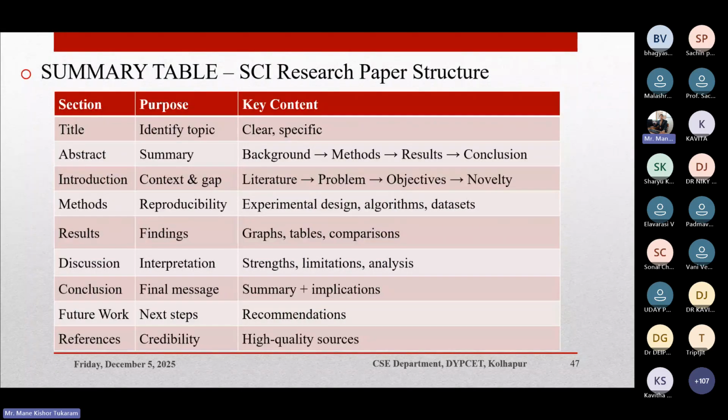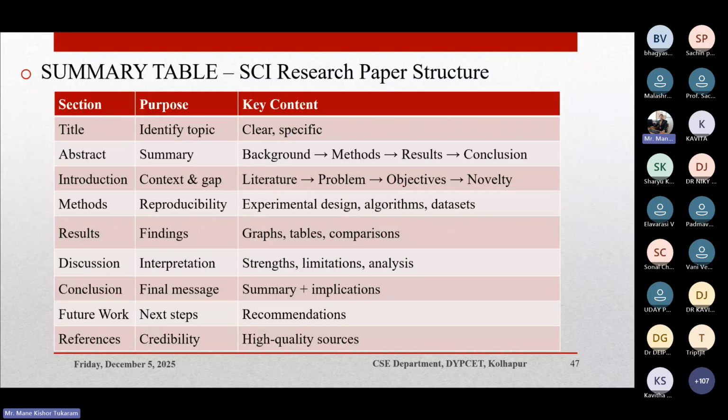So these are the details related to the summary of the SCI research paper: title, abstract, introduction, method, results, discussion, conclusion, future work, and references. A clear and specific title, background, method, result, and conclusion are included under the abstract. Then the literature, problem, objective, novelty, and organization of the contents are included under the introduction.